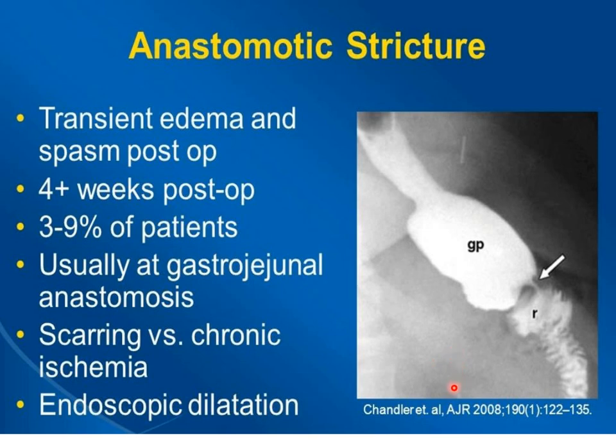Anastomotic stricture is a very important complication. Transient edema and spasm may occur post-operatively, but this type of complication occurs around 4 weeks after the operation. 3 to 9% of patients will develop it, usually at the gastrojejunal anastomosis, the same site as the previous complication, due to scarring or chronic ischemia.